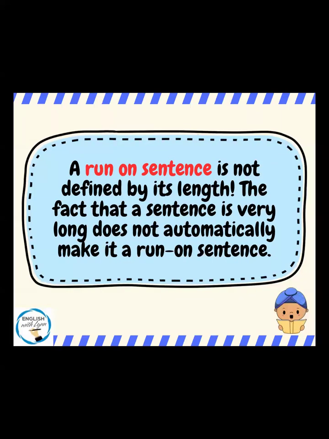Now, some of you may think that run-on sentences are sentences that are really, really long. This isn't always the case. Some of your run-on sentences could be incredibly short. It could just be, "I was scared, I screamed."